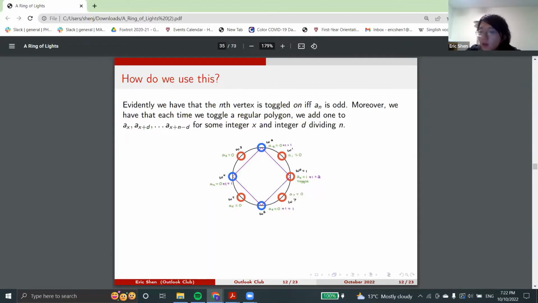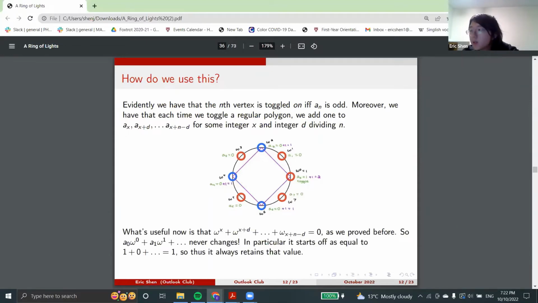Since these weights all lie on a regular polygon, these omega powers all sum to 0. In particular, we increased each of the AJs corresponding to these weights by 1.